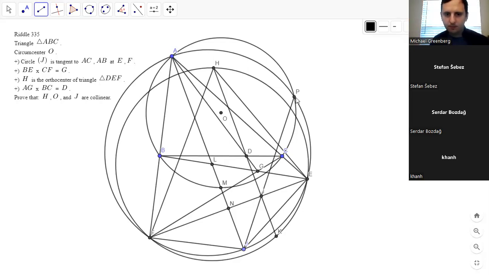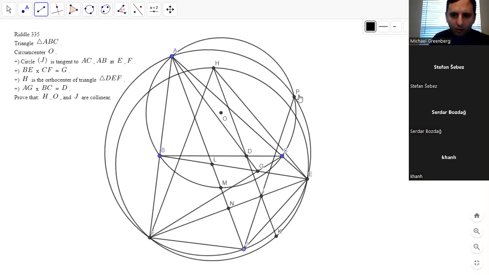Proof for the concurrency, the point B. Oh yeah. We want to prove that PF over PE equals IF over IE. We now define P as the intersection of two circles, and we want to prove that J, P, I are collinear.